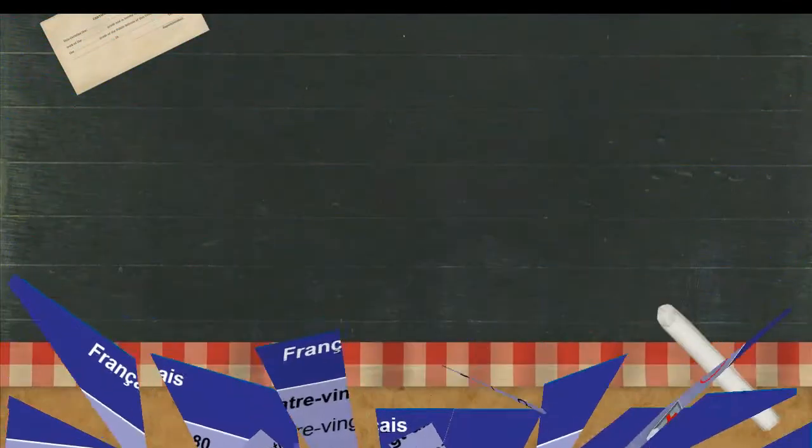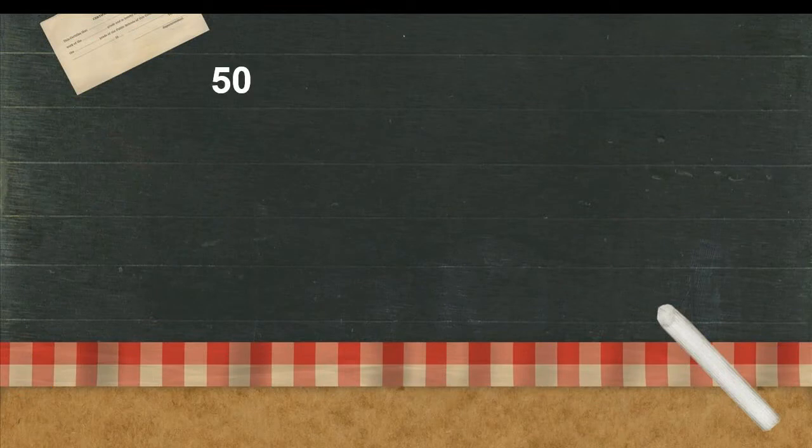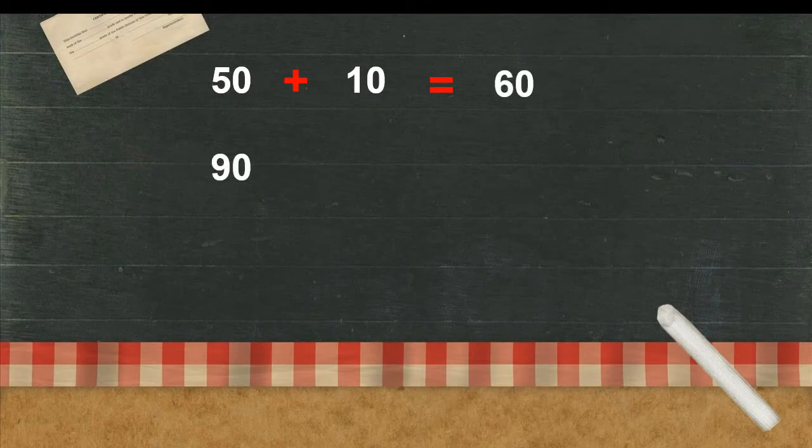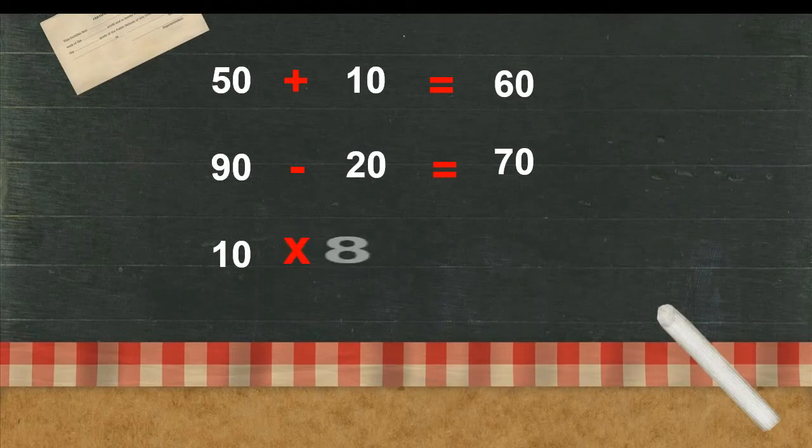I give you some examples. For example, 50 plus 10 égale 60, exactly. 90 moins 20 égale 70. 10 fois 8 égale 80.